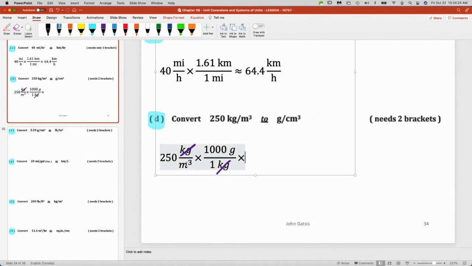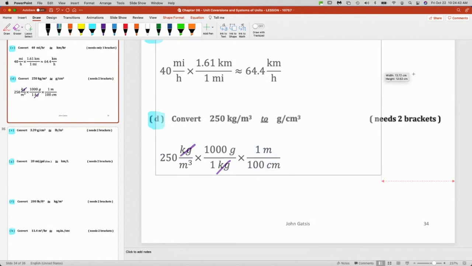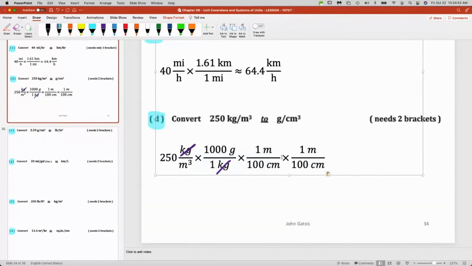So in this case, we want meters cubed to turn into centimeters cubed. You could actually just let meters equal 100 centimeters, but you might get lost with the exponents. So this is the reason I'm going to do it this longer way and say that 1 meter is 100 centimeters. But notice that it's not cubed, right? We have cubed here. So this is not good enough. So you can write it 3 times, or you can just cube the answer.